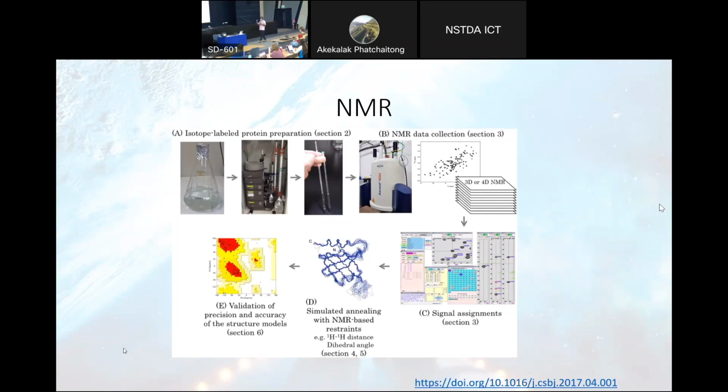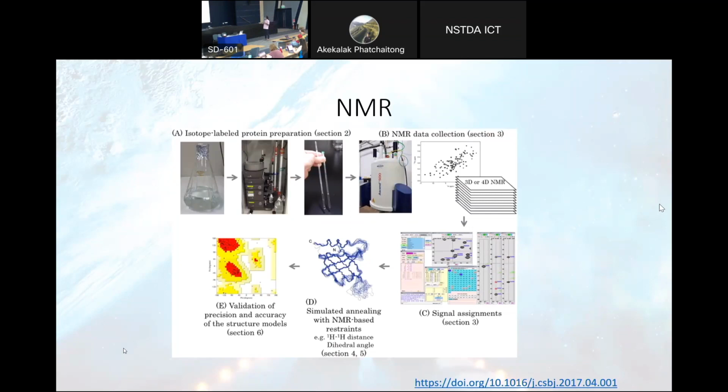When you run these kinds of experiments, you come up with lots of distance restraints. Then you can run a simulation where you try to satisfy those distance restraints. If you have enough of them, you typically come up with multiple structures. This is the NMR spectrum, which tells you how the atoms recede to their original position once you turn off the field.